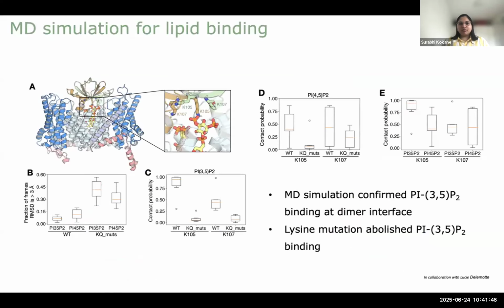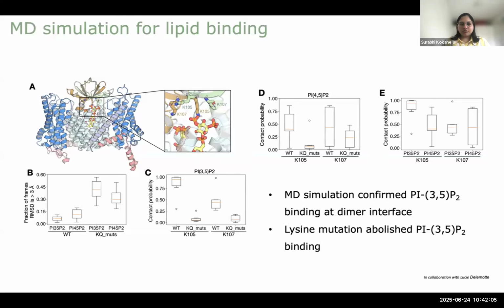To further confirm our results, we did some MD simulations in collaboration with Lucy. We put this lipid at the dimer interface and tried to see if the lipid makes contacts with the positively charged lysines and arginines around.